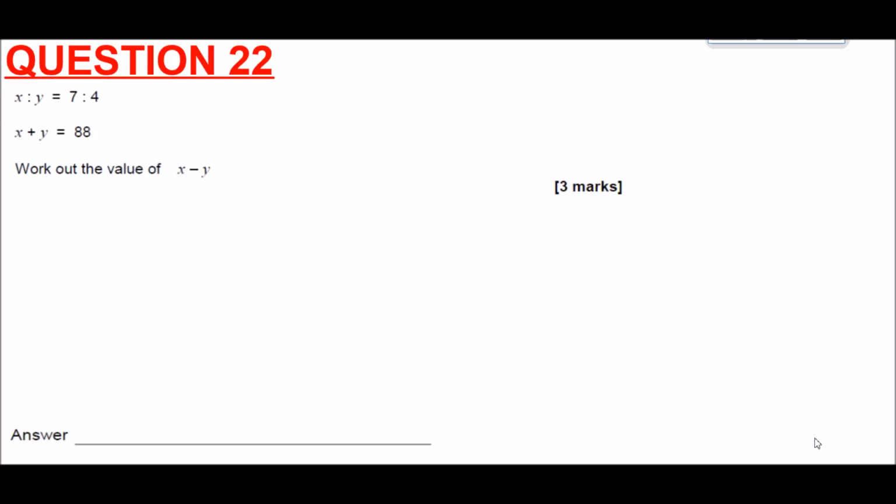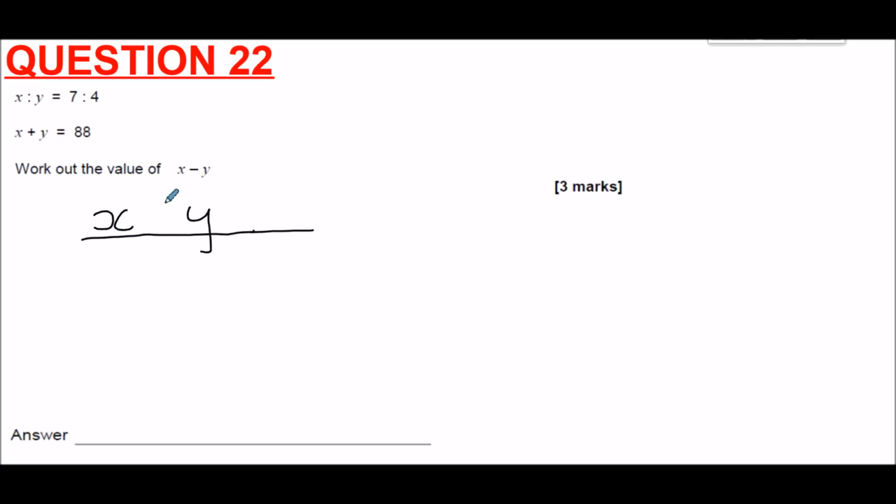Question 22, we've got x and y in the ratio of 7 to 4, and we're told x plus y equals 88. And what we need to work out is what x minus y is. So if we just do a table, or think about x and y in a table, so we'd have x and y.